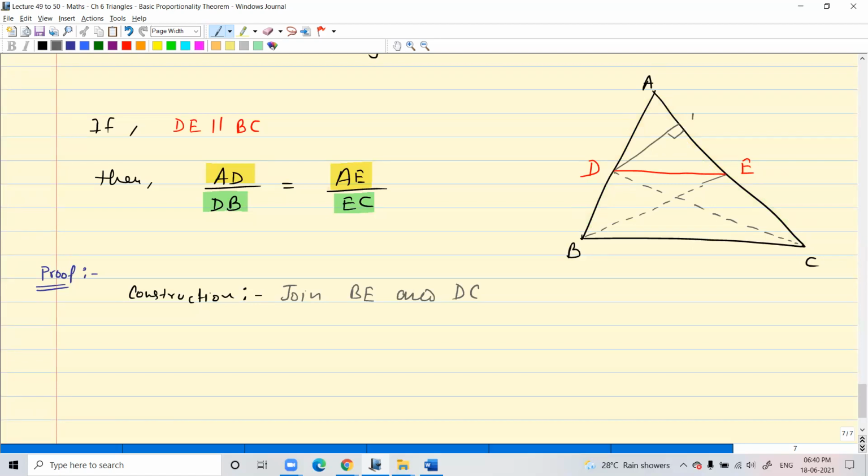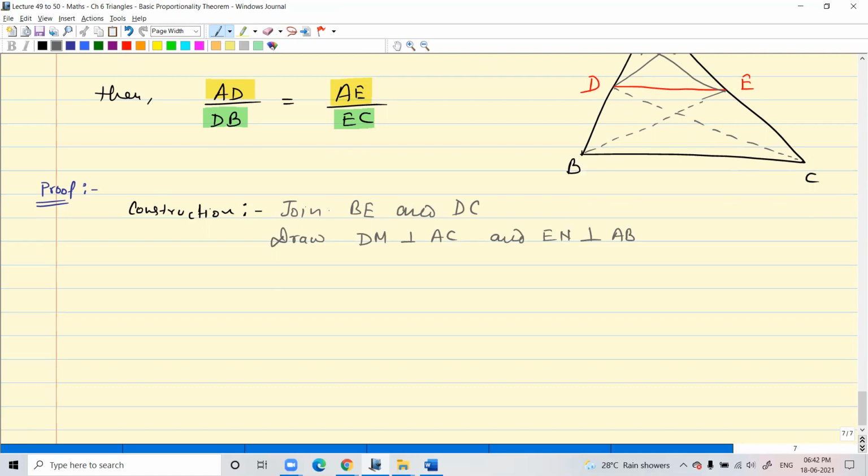Let me call this point M. In the same way, I will drop another perpendicular on this side and call it N. Okay, so this is the construction.